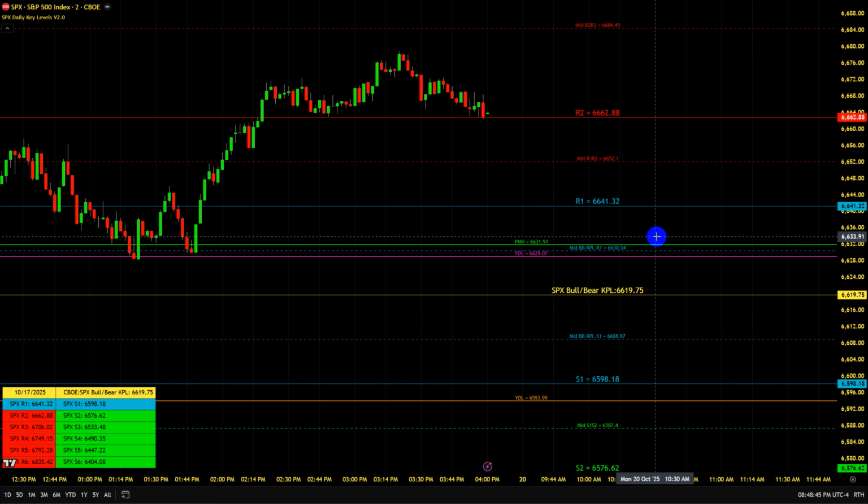Now we'll take a look at the other levels just so you can get the same idea of how it works on the other levels. For example, if we were taking a bullish play off of the R1 level, your standard play would be an at the money strike closest to the R1 level.